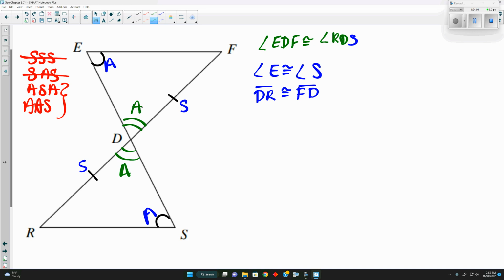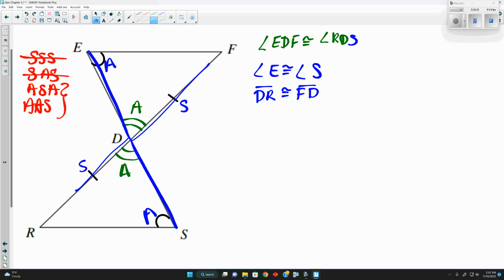So would this be angle side angle or angle angle side? Let's start on one of these here. We have a side, an angle, and an angle. So we can say side angle or angle side. If we do this here, we have side angle, and the angles are lined up in the correct order.